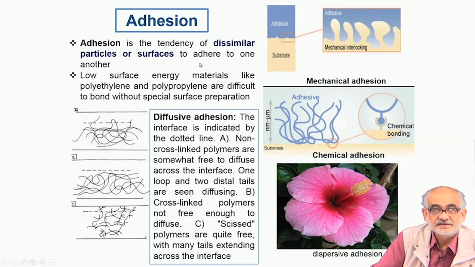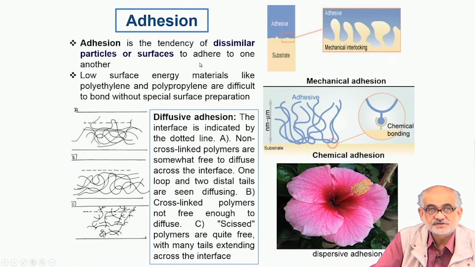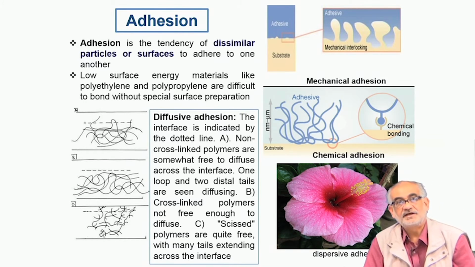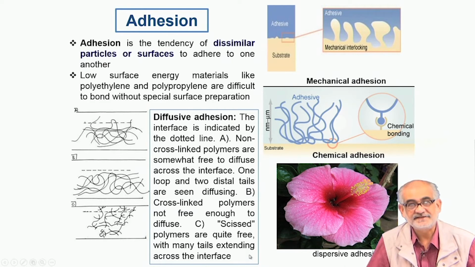The two surfaces can have a natural tendency of adhesion, or we can apply material in between, for example a glue or a gum, which can lead to chemical adhesion. So adhesion can be mechanical in nature or chemical in nature, but nevertheless it is very important for us to be able to join two different solids which are of dissimilar nature.